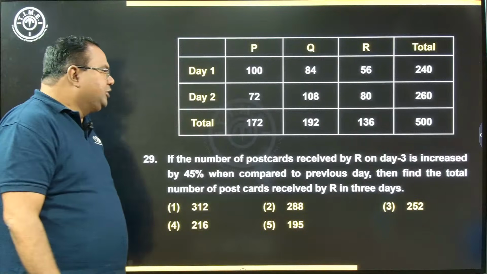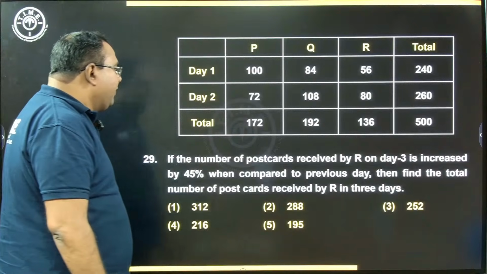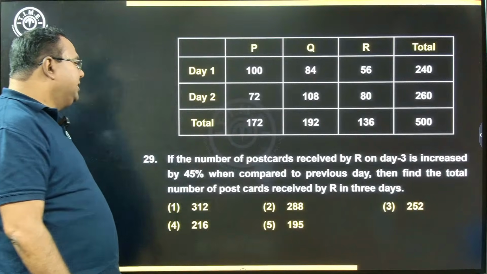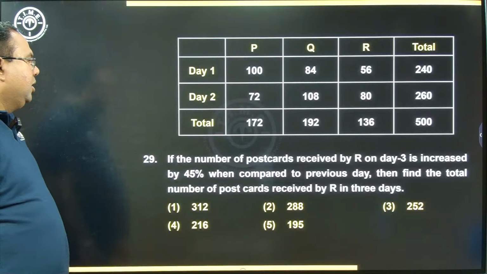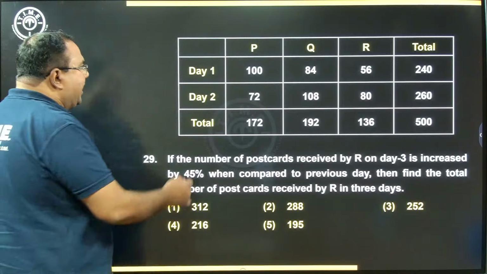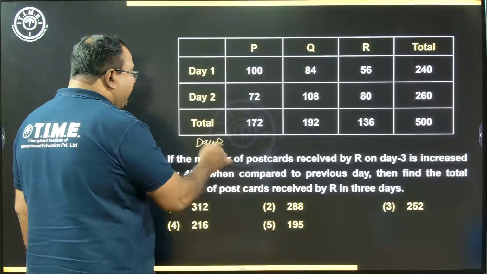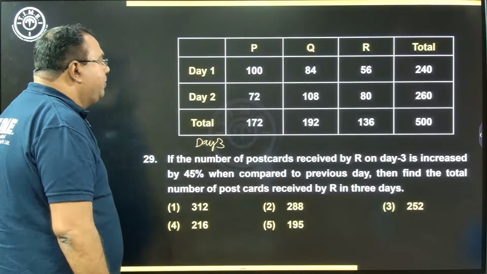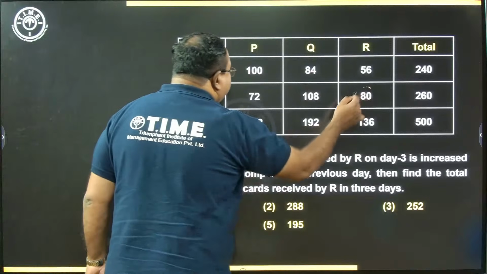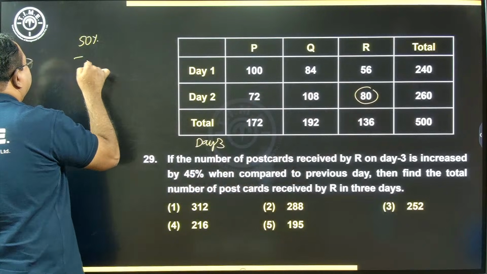Number of postcards issued by R on day 3. Okay, day 3 is given here. Increased by 45% compared to the previous day. Find the total number of postcards issued by R in these 3 days. Day 3, if I add here, it is 45% more when compared to the previous day. Previous day it is 80. How do you get 45%? 50% minus 5%.